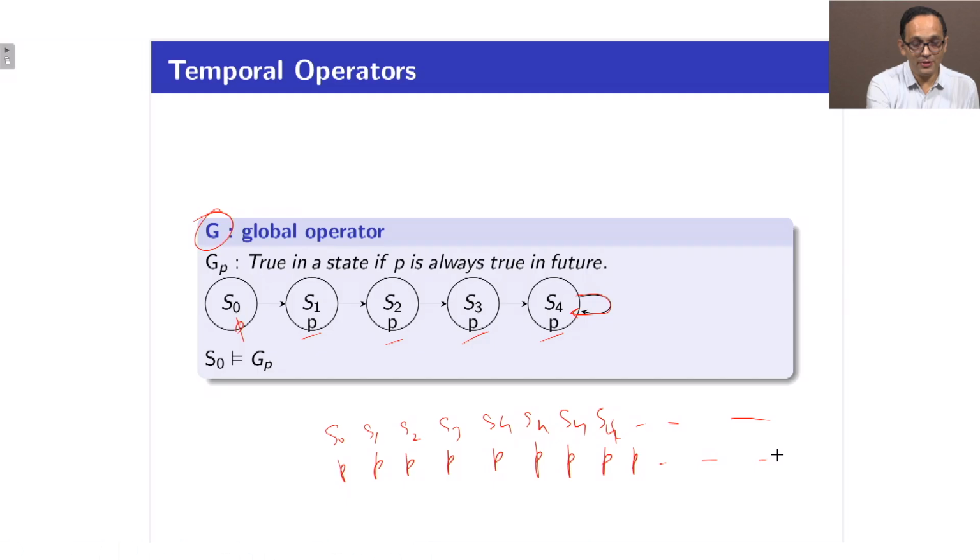Then I will say p is globally true. That means S0 satisfies global p. Similarly, S1 and S2 also satisfy global p. It means from the current state and all future states in this trace or path, p is holding. So, it is globally true.